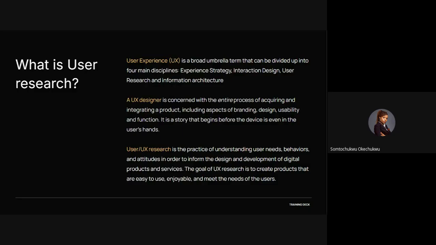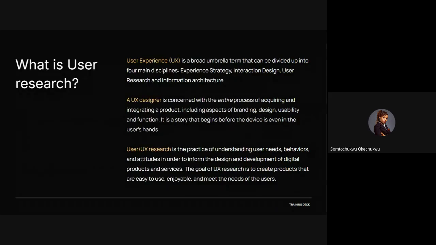That's what the UX designer does. Now UX and user research is the practice of understanding user needs, behaviors, and attitudes in order to inform the design and development of digital products and services. Now, just a thing to note here, right?